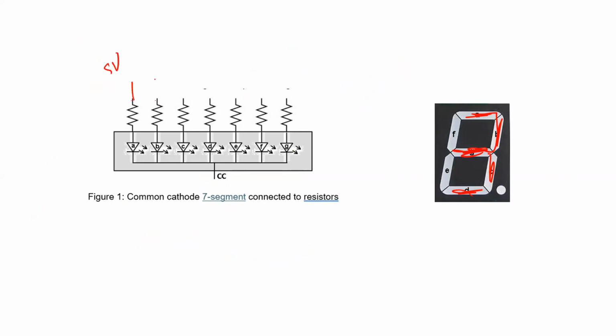For B, I'm going to put 5 volt to turn it on, right? Same thing for C and for D, and G. Now I want to turn off F and E. So for F and E, I'm going to put 0 volt. That's it. If I do it this way, you can see number 3.